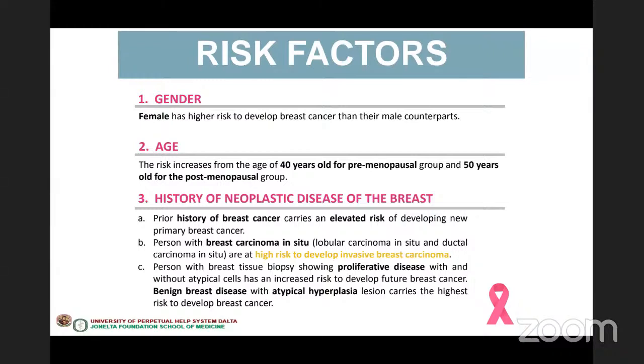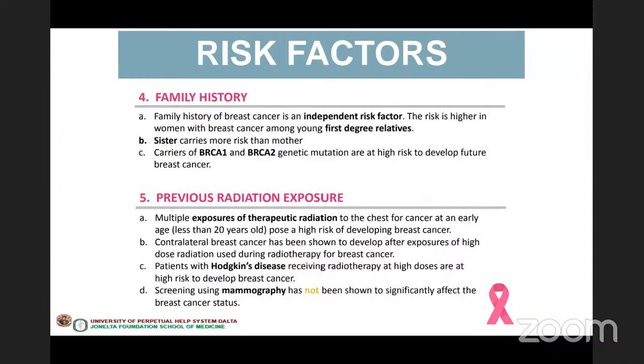So there are different patterns. You have your comedo, you have your cribriform, you have your papillary, you have your solid masses. So there are different grades. You have low, you have intermediate, and you have your high.